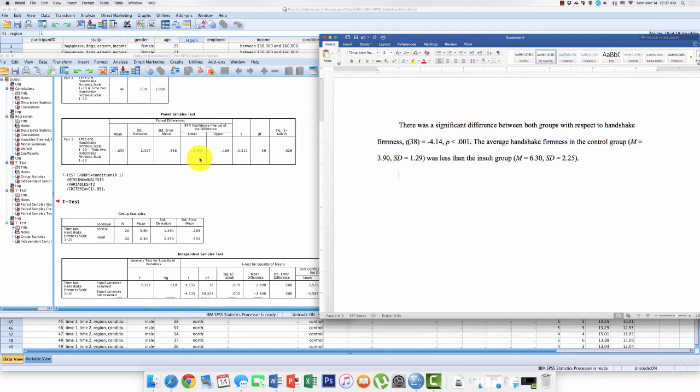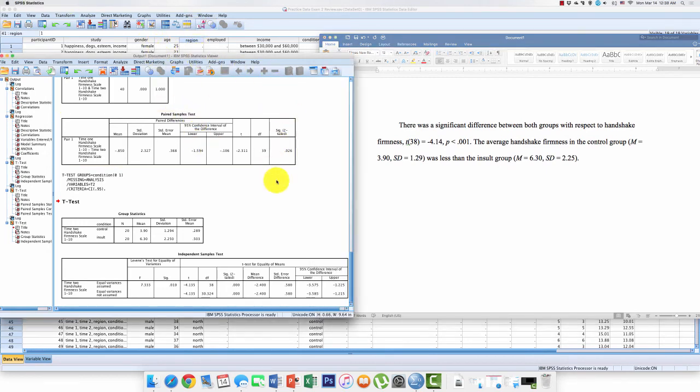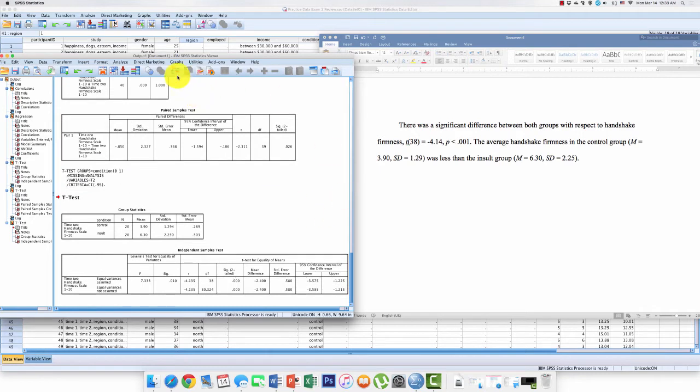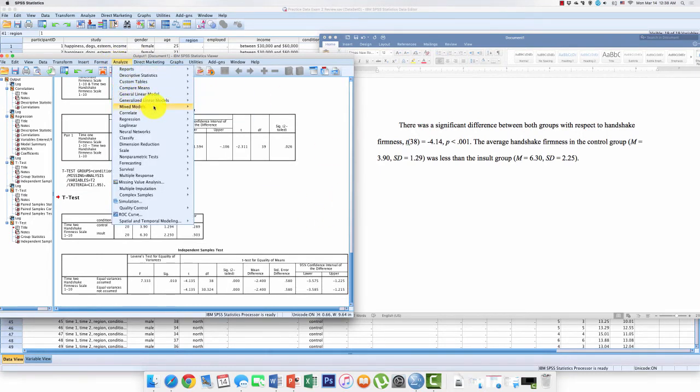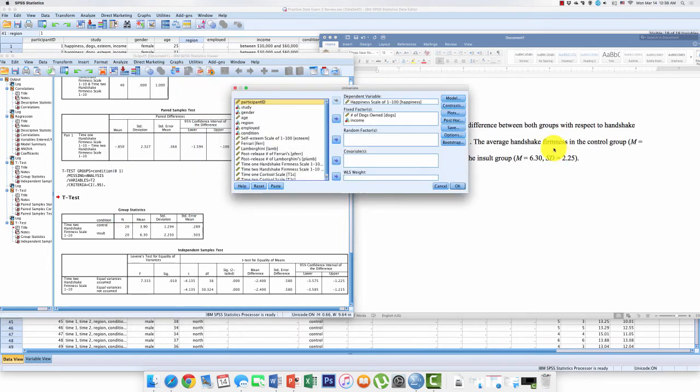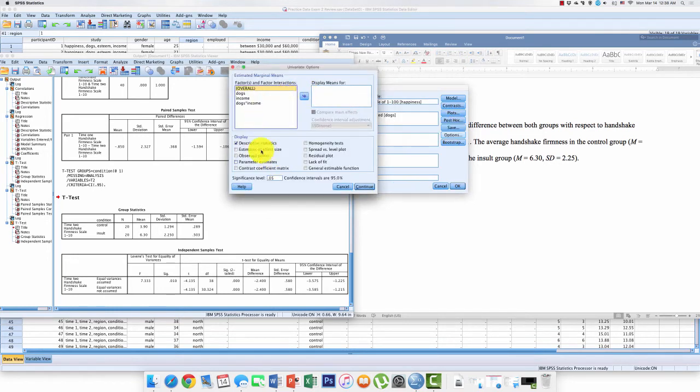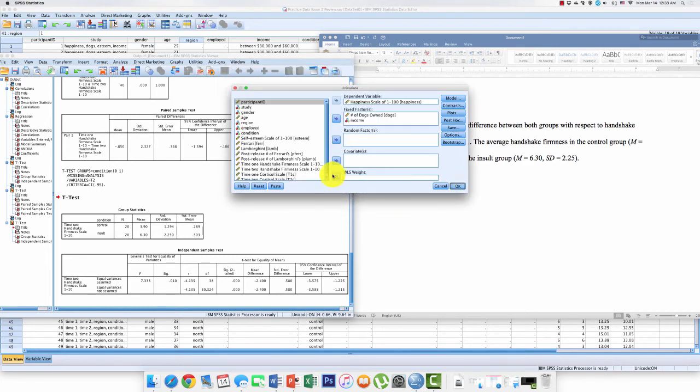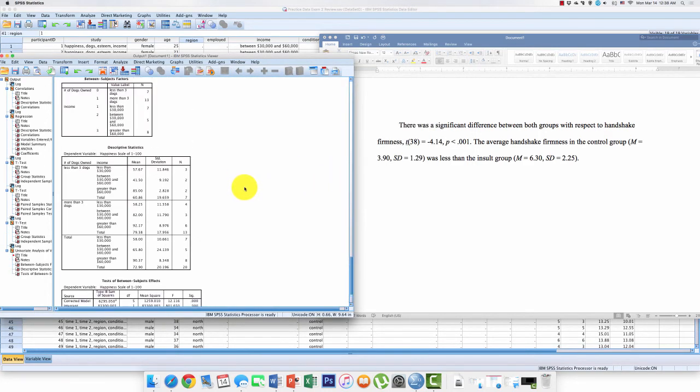Okay, so next thing that we're going to look at is the ANOVA. So we're going to do general linear model, univariate. Already have my stuff chosen over here. I'm going to options, making sure I put the descriptives option, hitting continue, then hit OK.